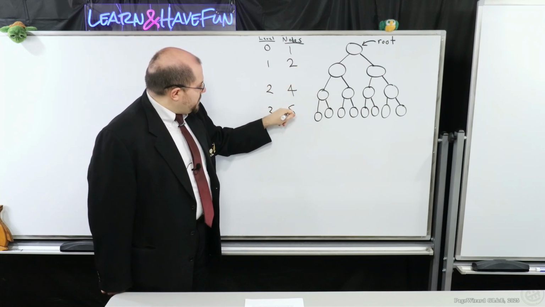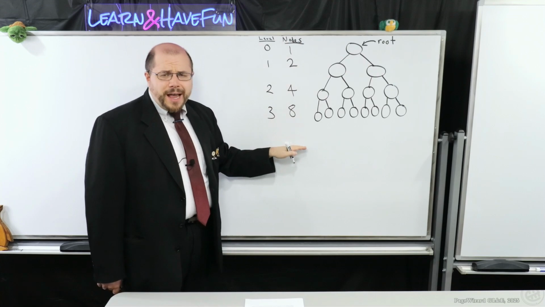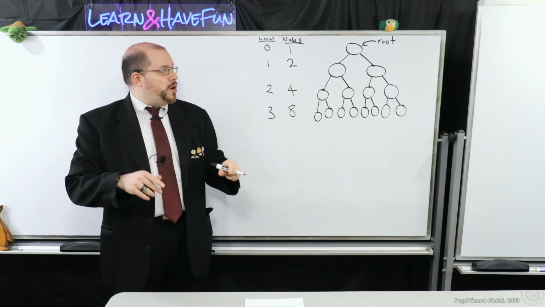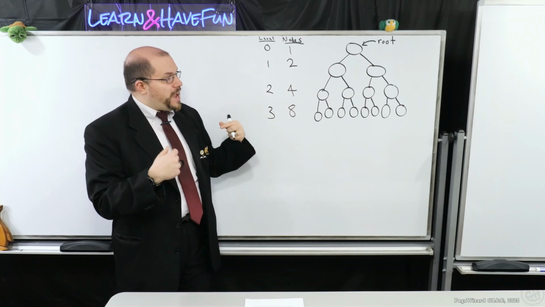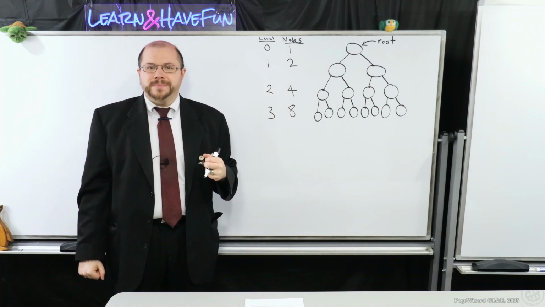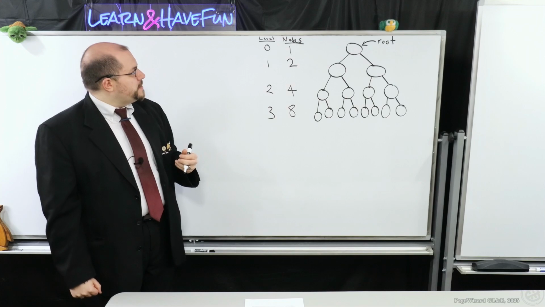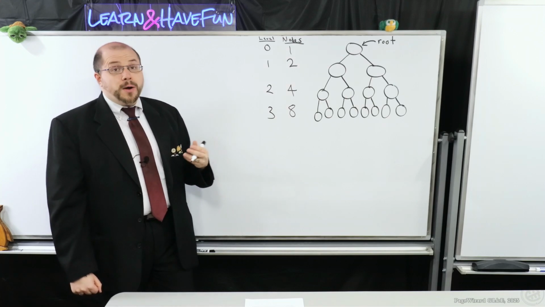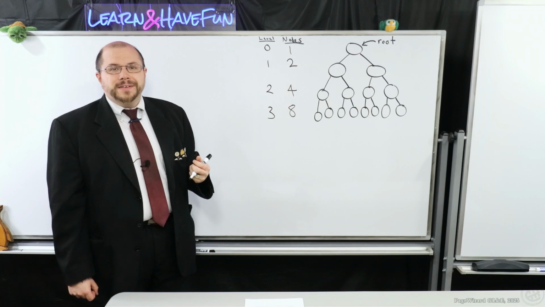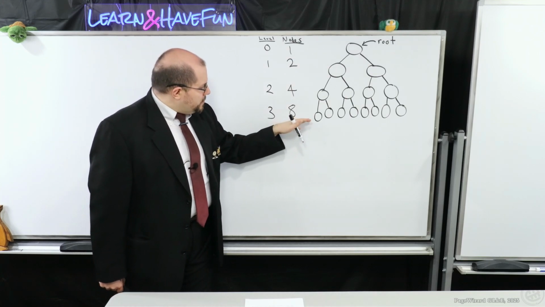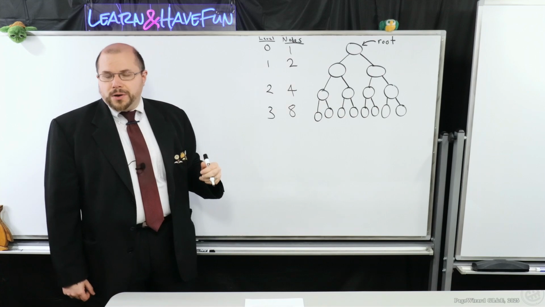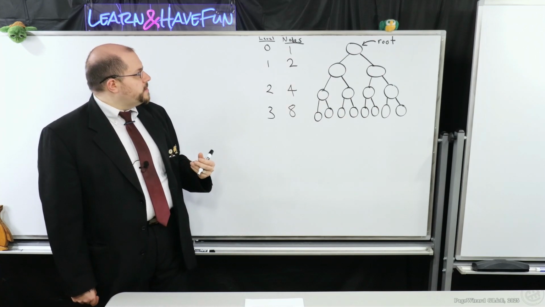This one has 8. So if I went 1 level down, does anyone have a good guess on how many nodes you would find on this level if I gave every node exactly 2 children? How many would there be? Or how about, at most, how many nodes will there be? Well, each of these 8 nodes here would have 2 children, so 16, right?